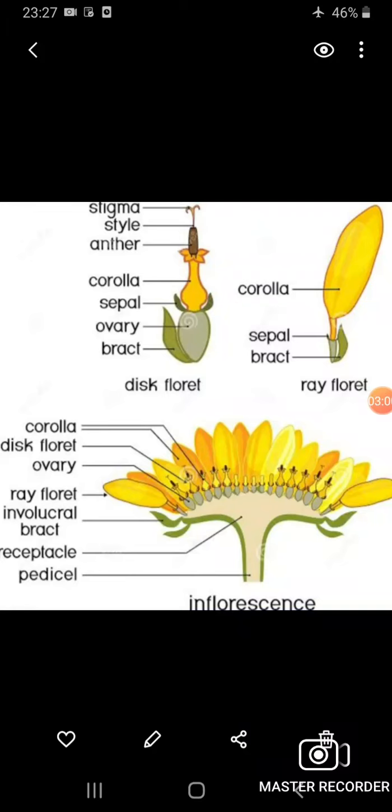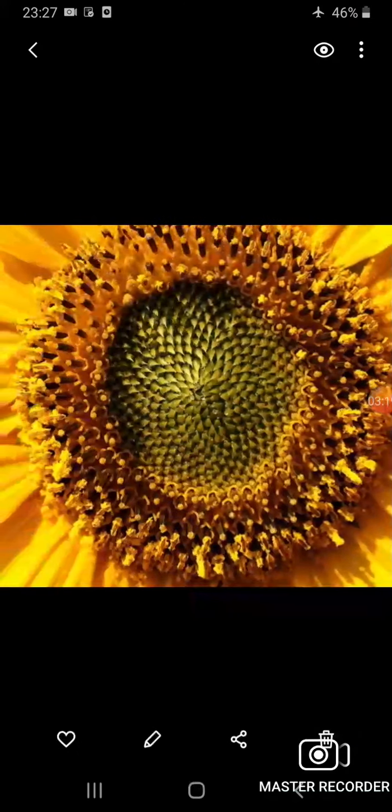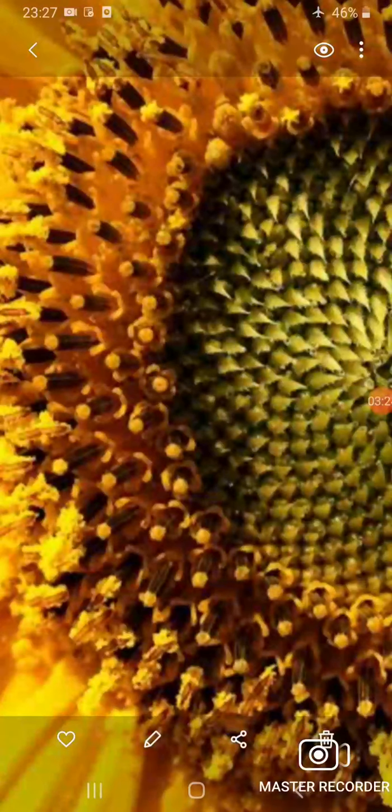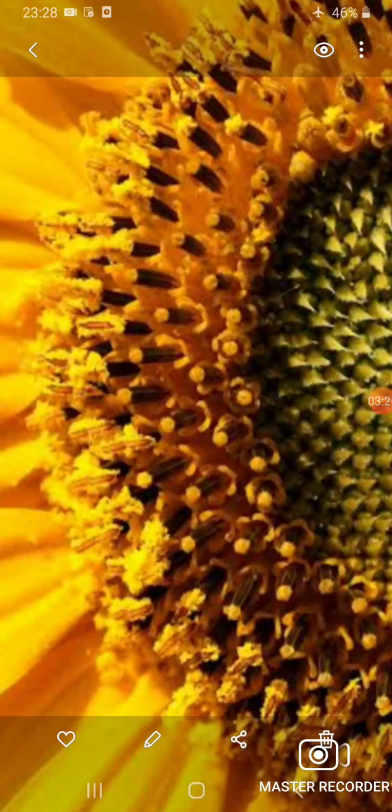Now this is LS of sunflower. Actually sunflower is an inflorescence made up of group of many small flowers which are called as florets. The florets are of two types, disc florets and ray florets. Now in this picture we can see these small are the disc florets with something in black.